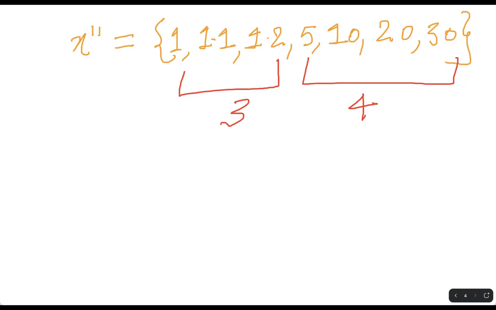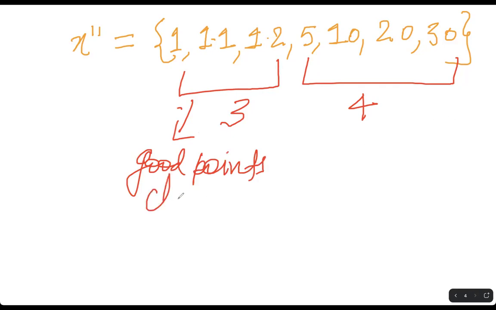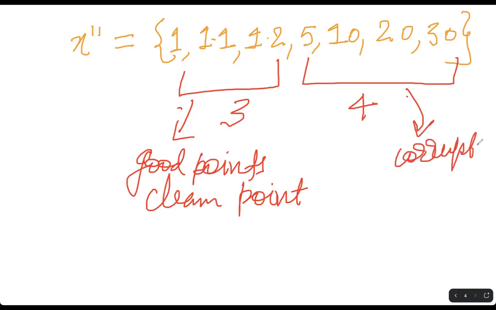So you can say these are my good points, or clean points, and these are my corrupted points, or outliers.